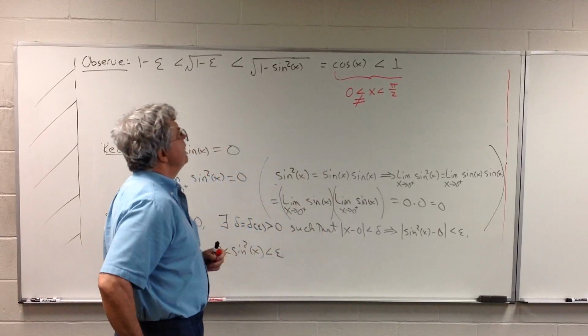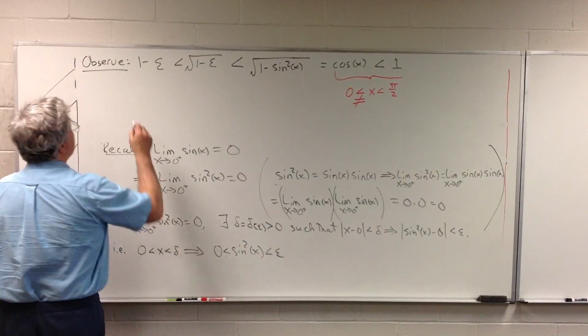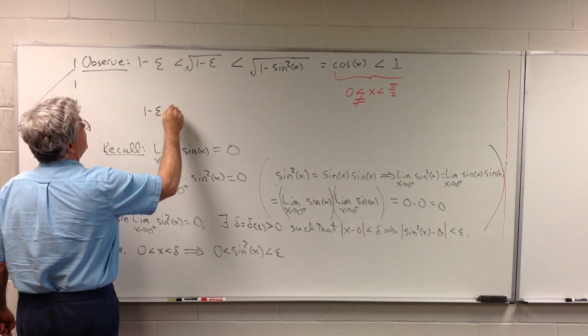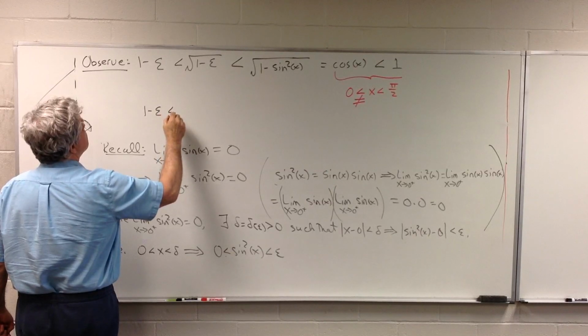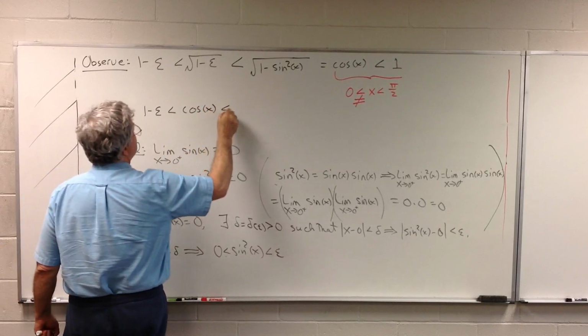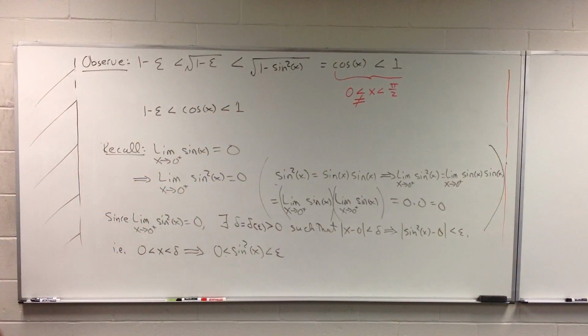So cosine of x is less than 1. Let me just write that down again: 1 minus epsilon is less than cosine of x, which is less than 1. Those are the parts of the inequality that we care about.